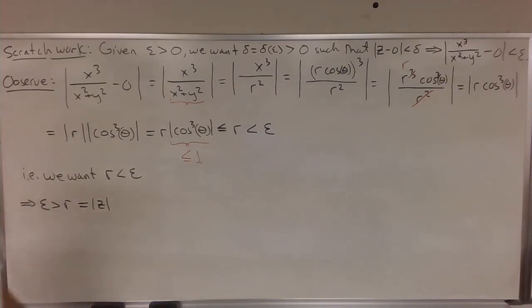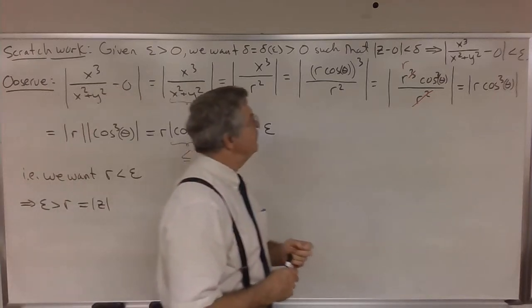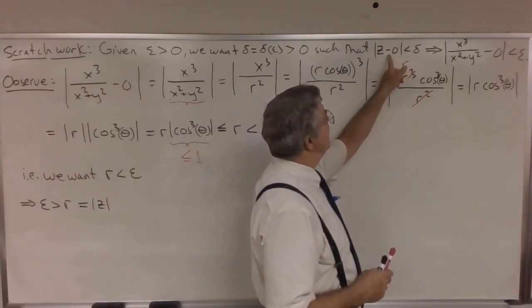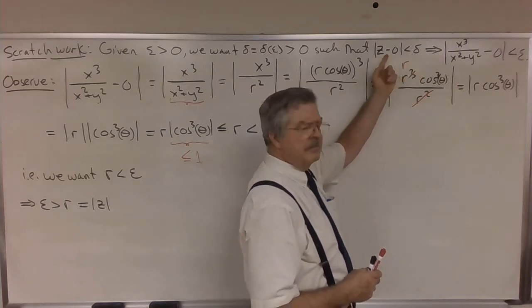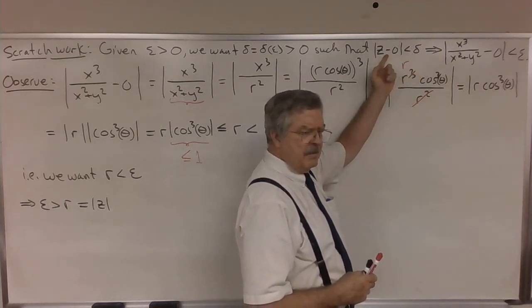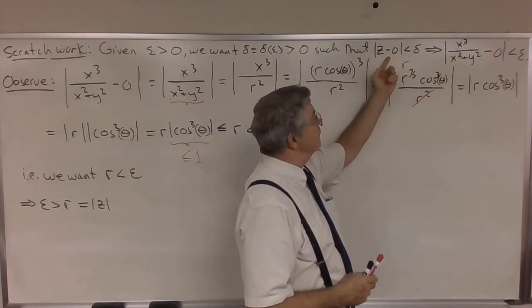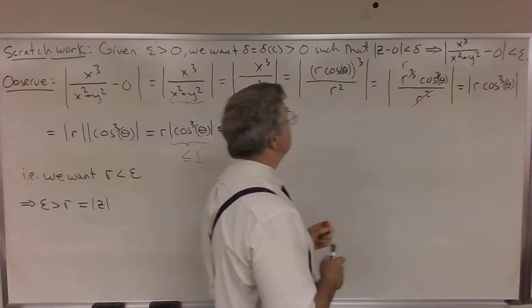And let's tie this in with something else that we want. We want the modulus of z minus 0 less than delta. But wait a minute. Modulus of z and the modulus of z minus 0 are the same thing.